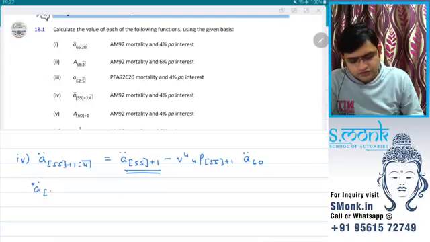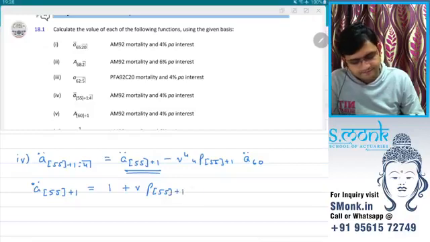So ADU select 55 plus 1 will be equal to 1 minus, or 1 plus V raised to 1 P select 55 plus 1 ADU 57.